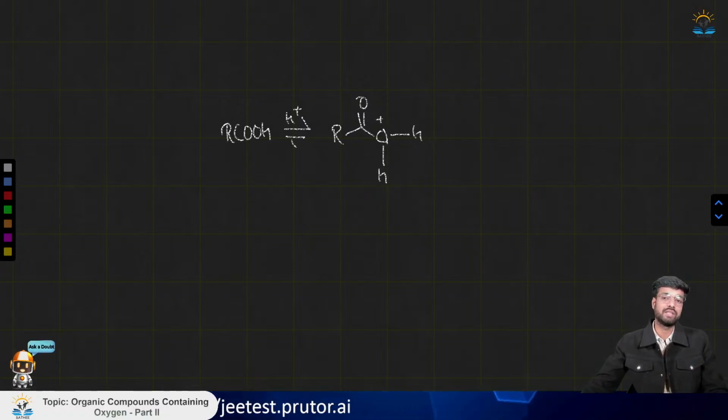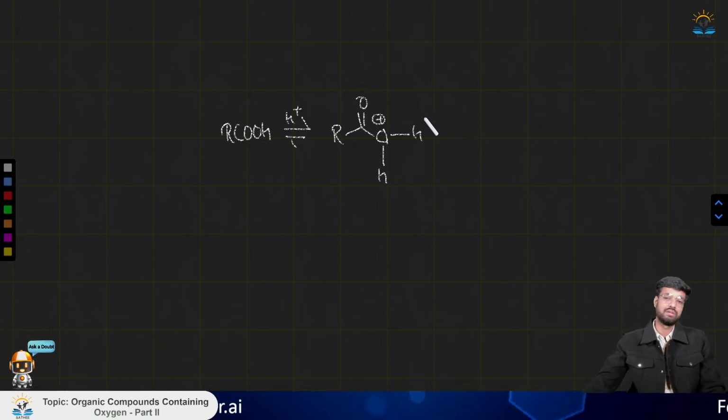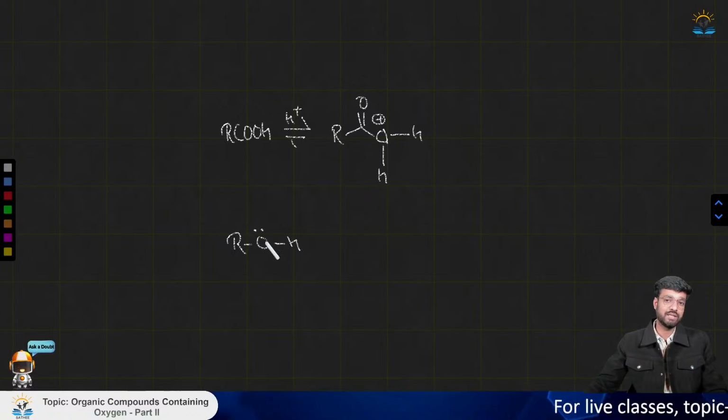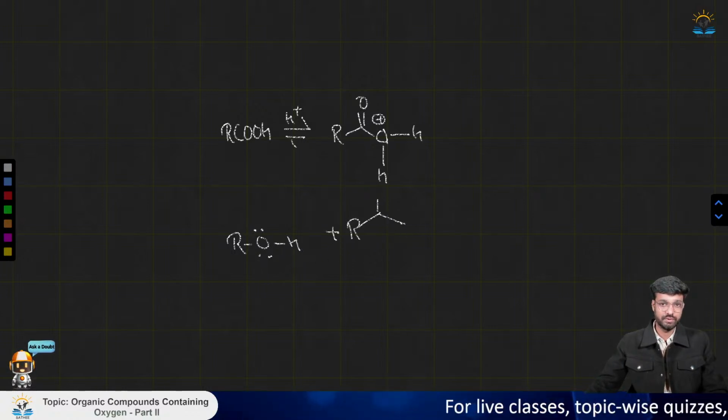The carboxylic acid is less acidic compared to this H plus, so it will be protonated. Now in the next step we have the alcohol, and the alcohol oxygen has a lone pair on it.